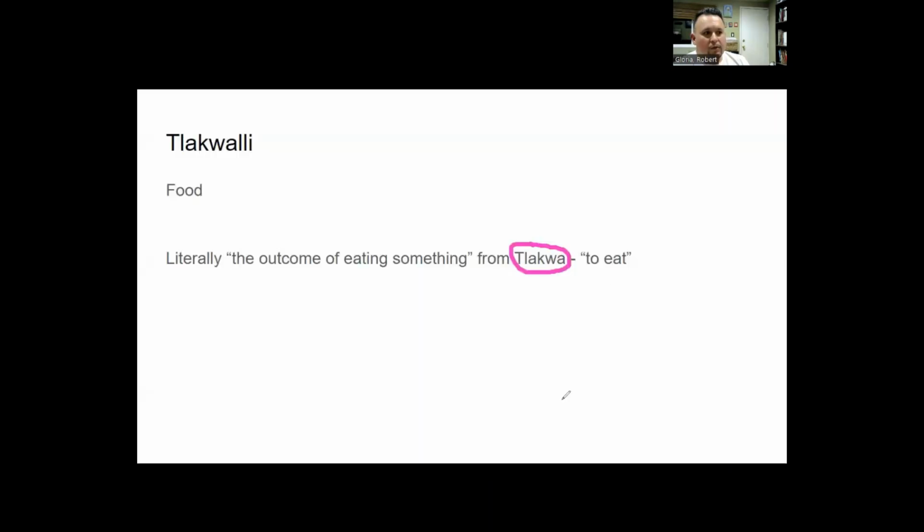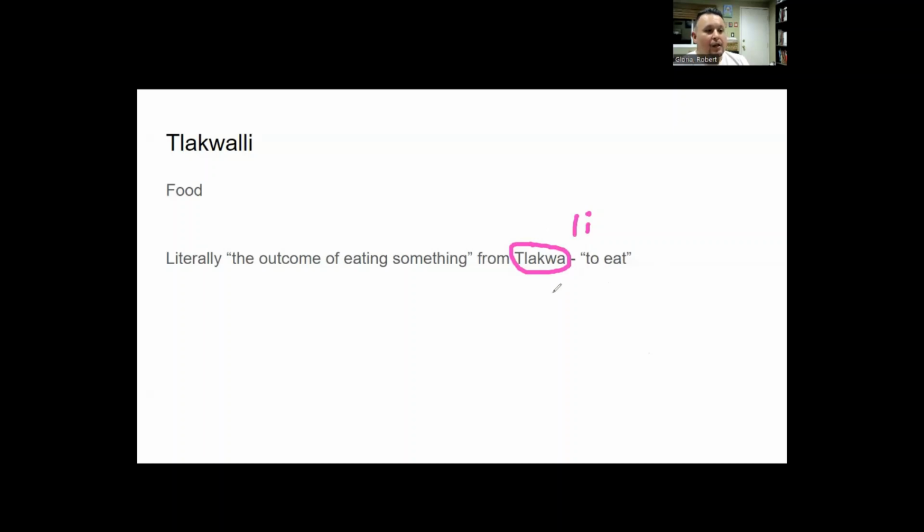The way the rule works is you take a transitive verb, and then you just add li to the end. Tlaqualli, just like that.